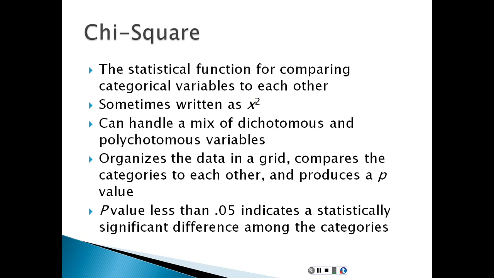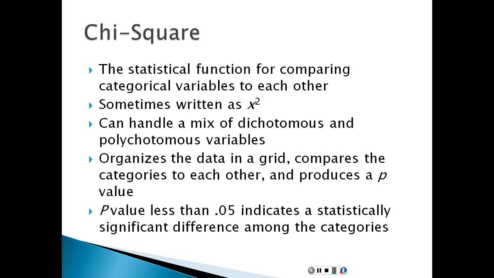So you won't have to specify how many categories for each variable. It can officially handle a mix of dichotomous and polycotomous variables. So you can analyze the relationship of one dichotomous variable with a polycotomous variable. So it really doesn't matter.